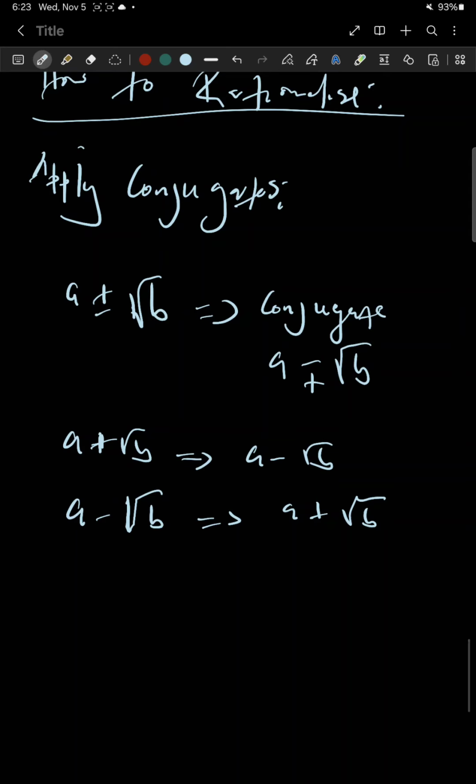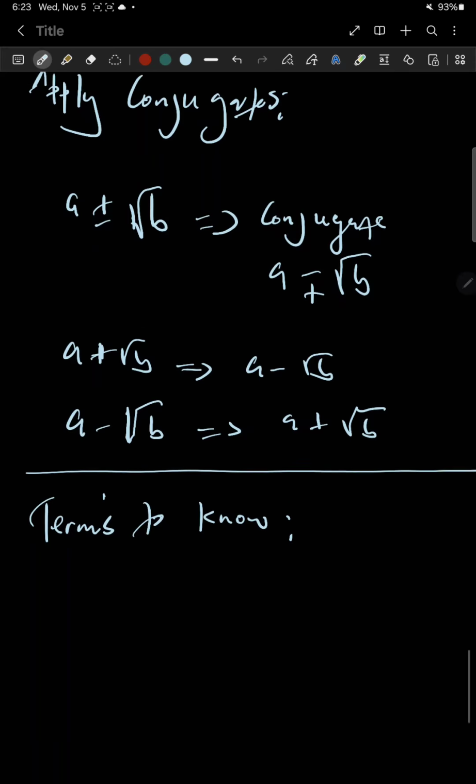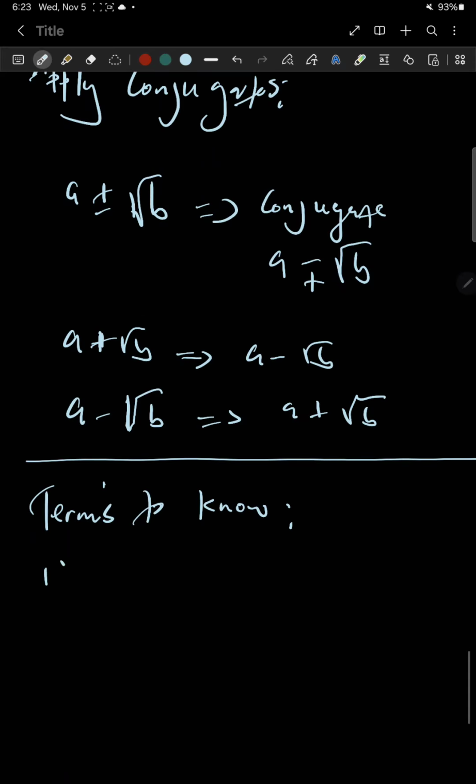Then there are some other things that you need to know. You need to know certain terms. The first thing that they'll tell you is to rationalize the denominator.